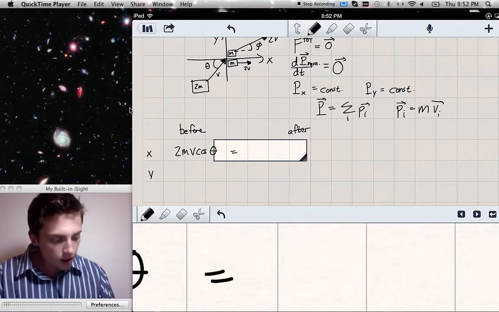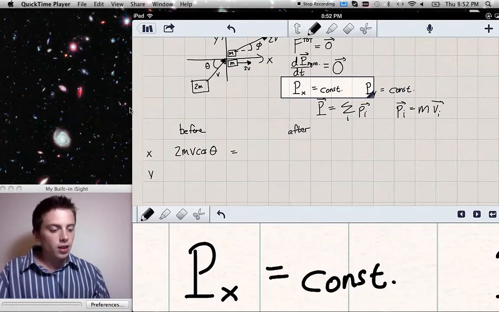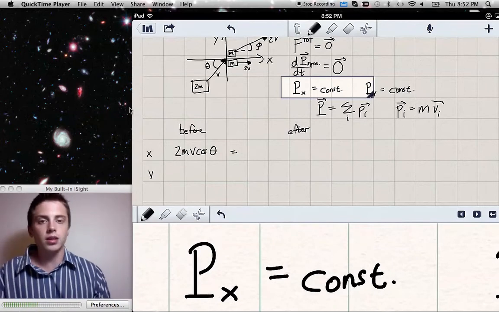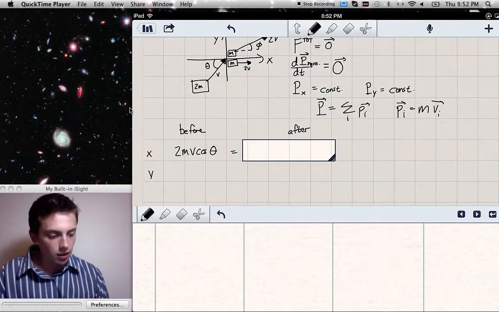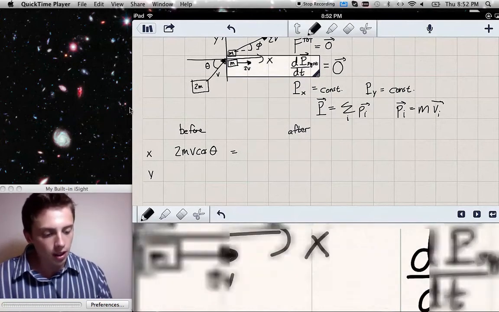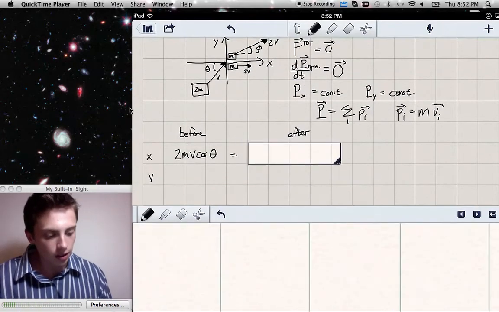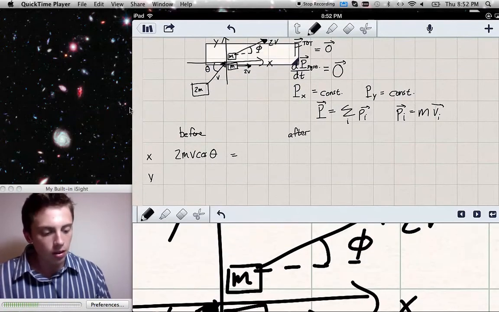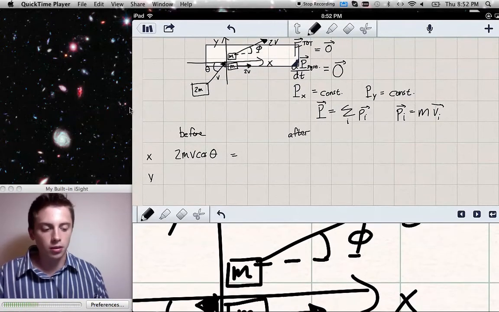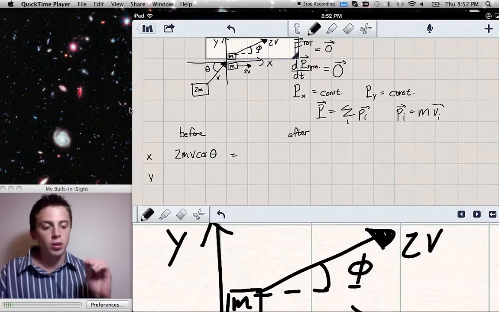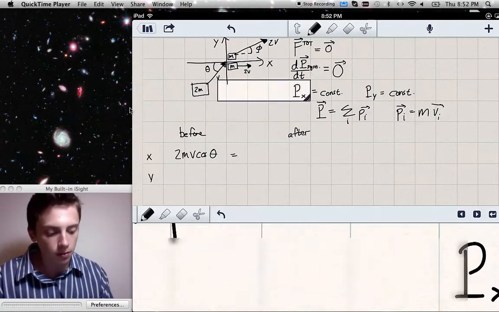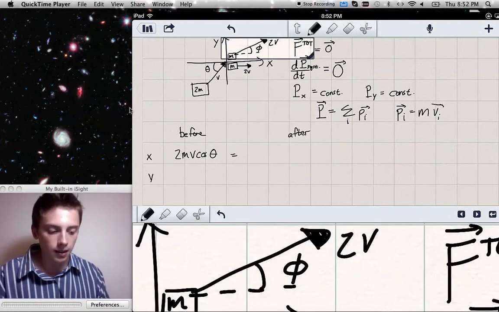And now because the total momentum has an x component that's constant over time, we then find the constant after, the total momentum after the collision in the x direction. So we sum up the momentum's x component for each mass here. For this mass up here, the x component of momentum is m times 2v times cosine phi.